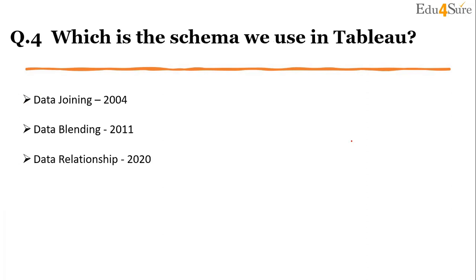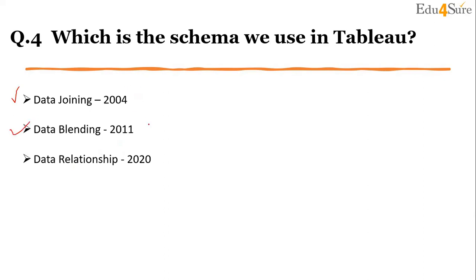Question number 4, which is the schema we use in Tableau? This is a very interesting question because there is a history, there is a journey behind this question. When Tableau was launched in 2004, it used to use data joining concepts, right? But it had major issues, major limitations. So in 2011, a change was introduced in Tableau and the schema was changed to data blending.